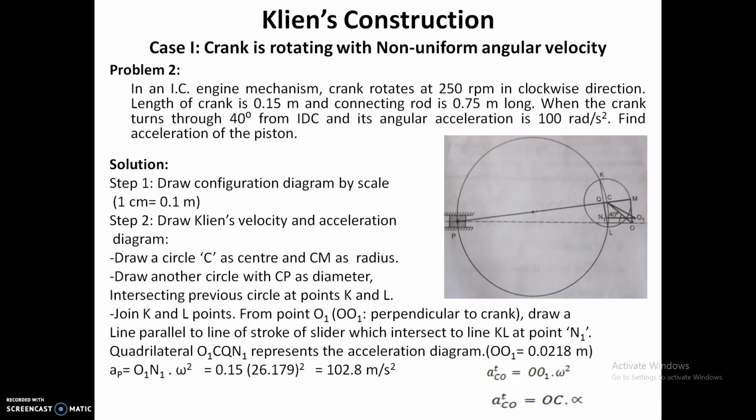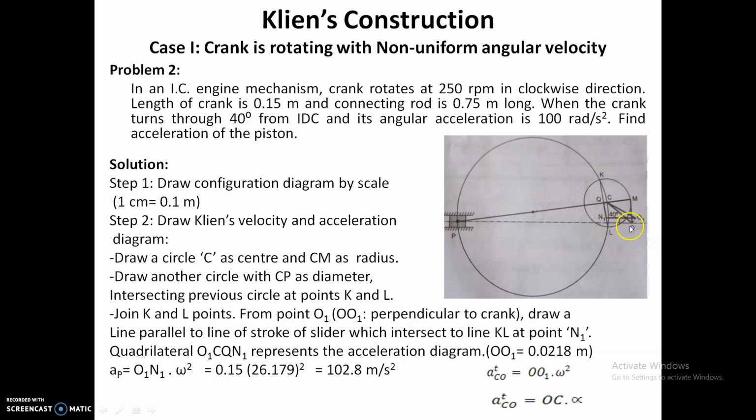You take that centimeter length as OO1. So this is somewhat changed because of the non-uniform angular velocity of the crank. From that O1, you draw a line parallel to the line of stroke of the slider, and this parallel line passing through O1 intersects the line KL.